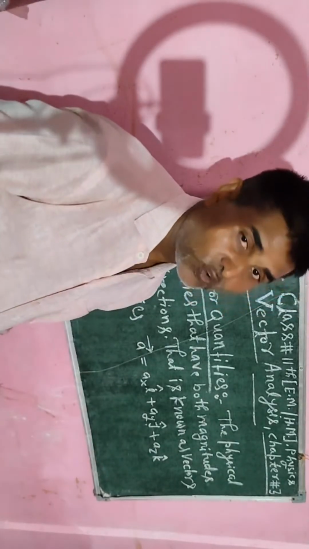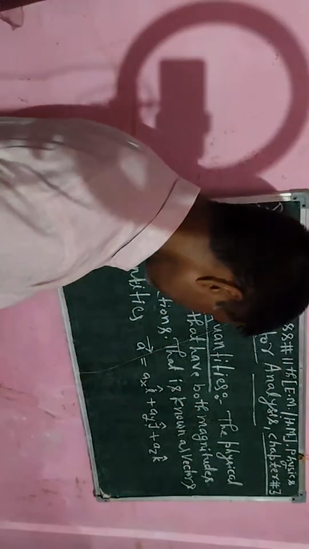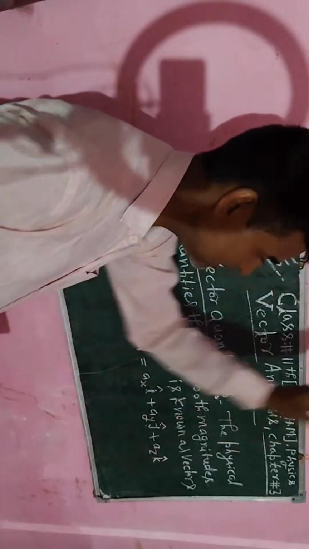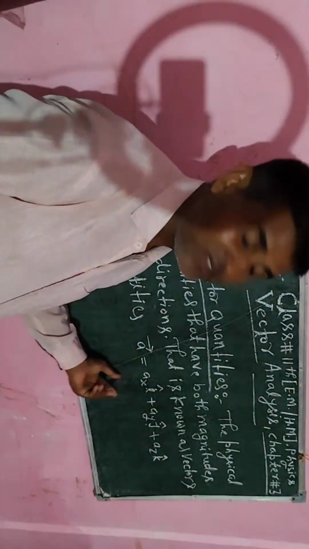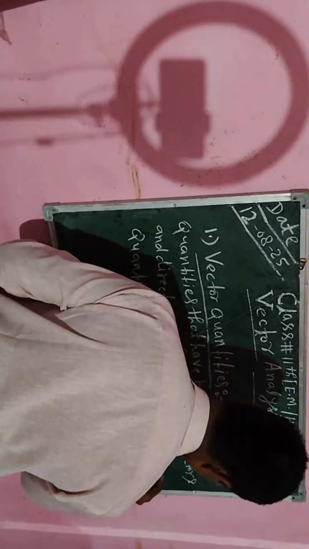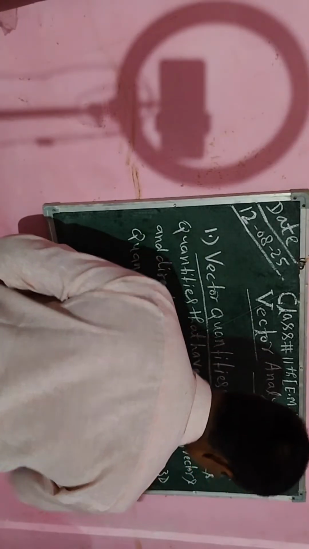Means in a room, one axis will be x, another y, and the next z. So this vector is available in 3D, that is three-dimensional geometry.